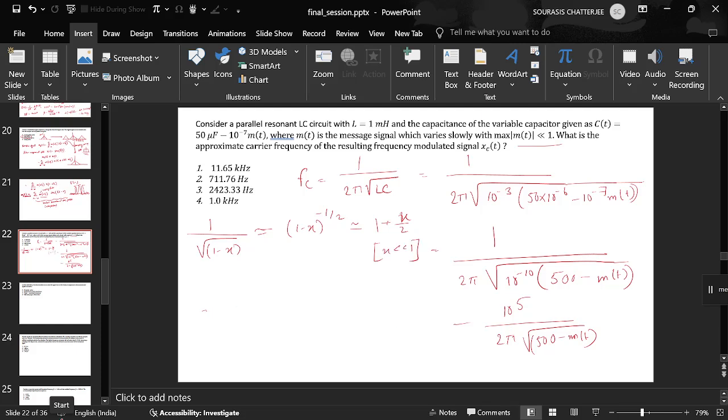So we apply the same here: 10 to the power 5 divided by 2 pi times 500 plus 1 over 2 m(t).